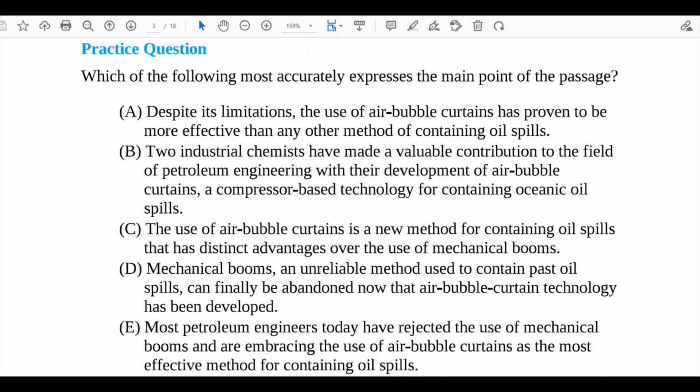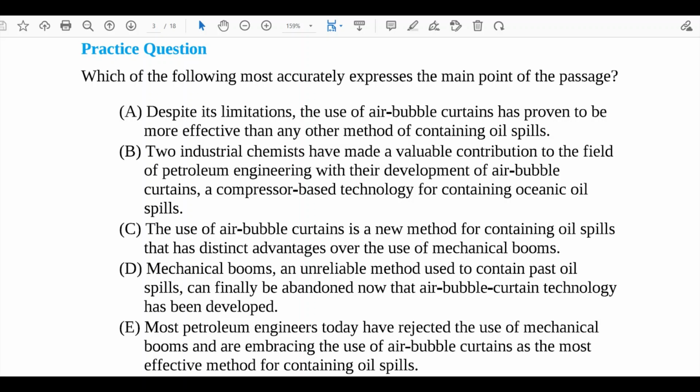So let's analyze and answer this question. Actually, it's very evident that the correct option here is C. The use of air bubble curtains is a new method for containing oil spills that has distinct advantages over the use of mechanical booms.